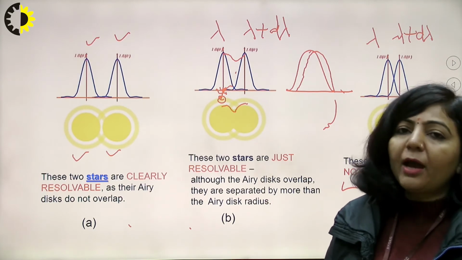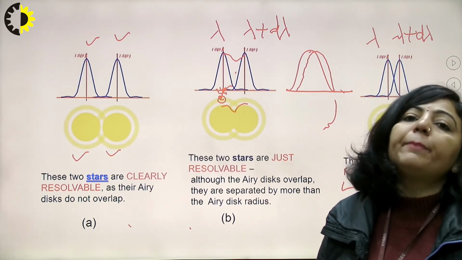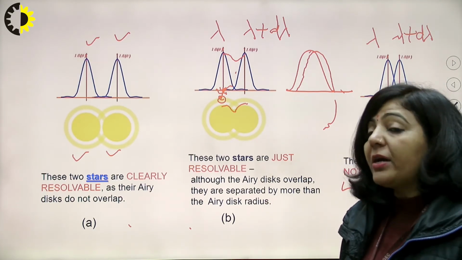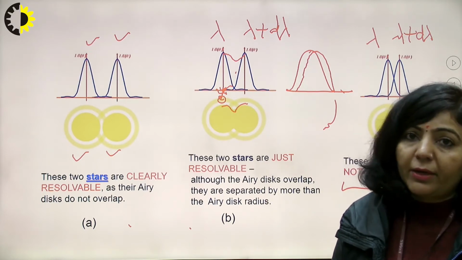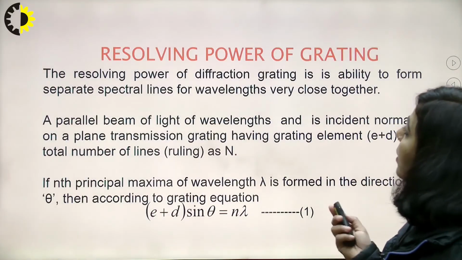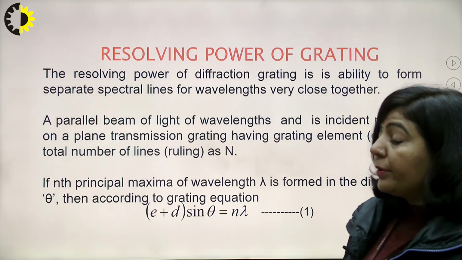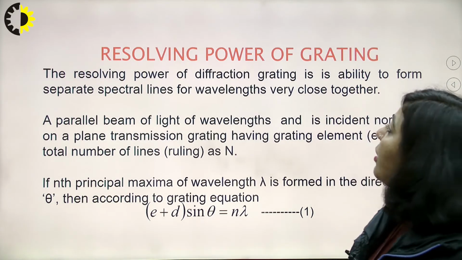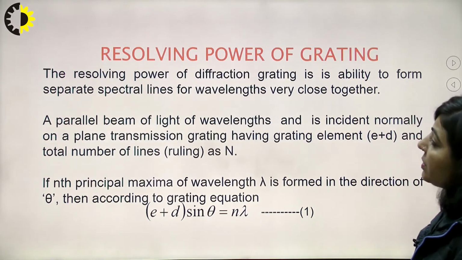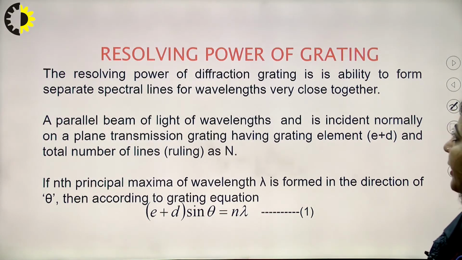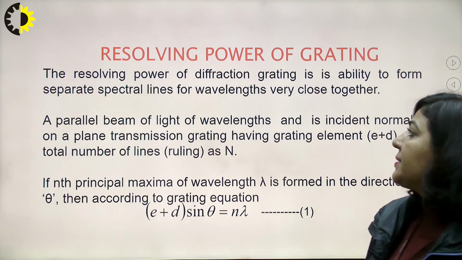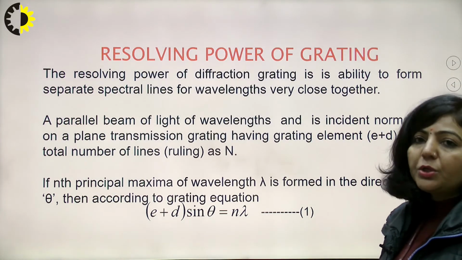So now we have to find the resolving power of a plane transmission grating using this Rayleigh criterion of resolution. So, the resolving power of a grating. First I am going to define what is meant by the resolving power of a grating. The resolving power of a diffraction grating is the ability to form separate spectral lines for wavelengths very close to each other.